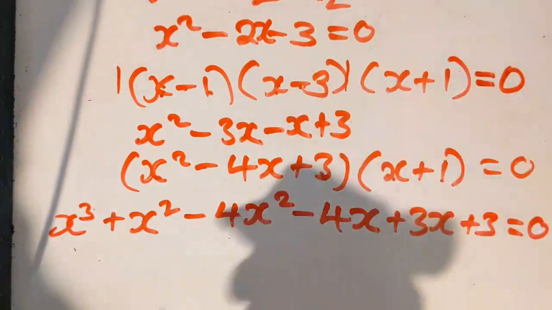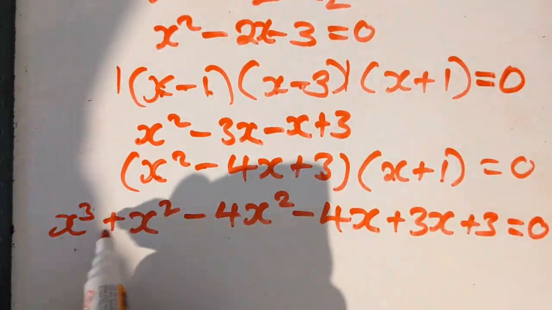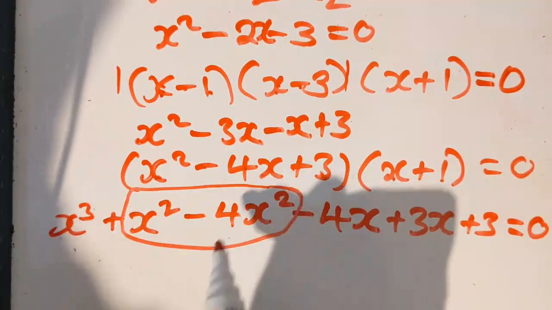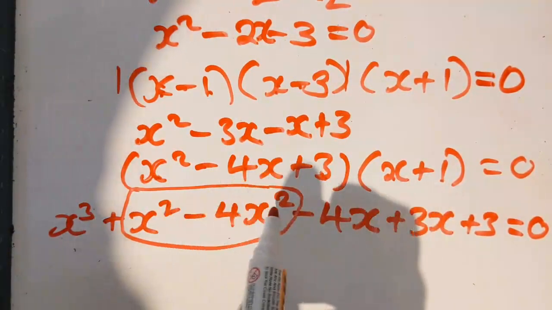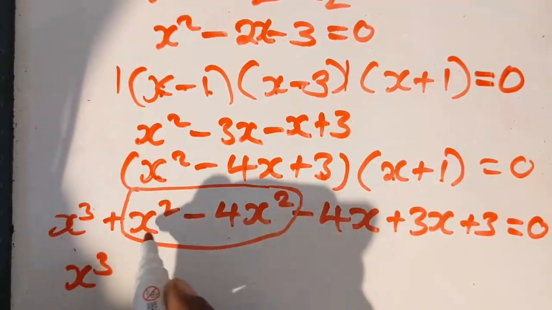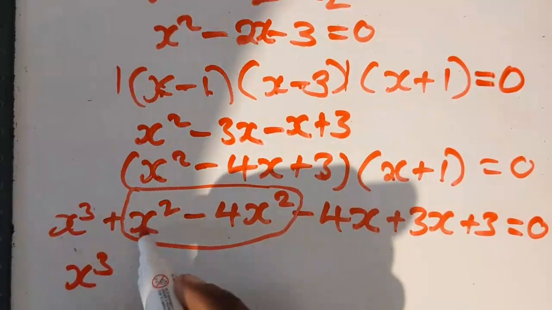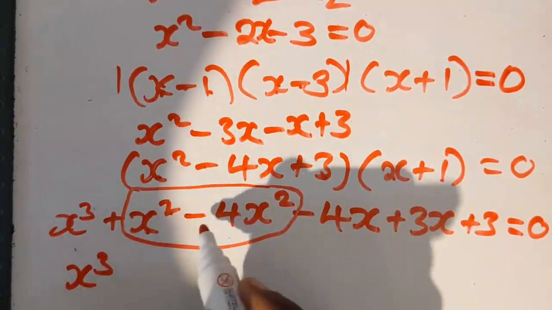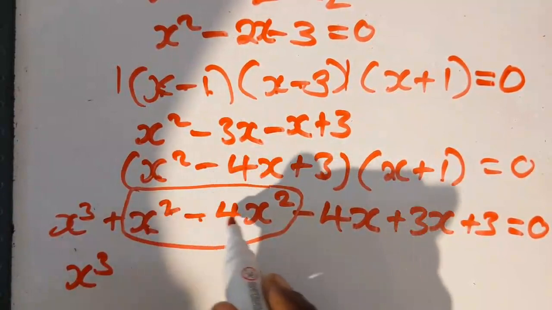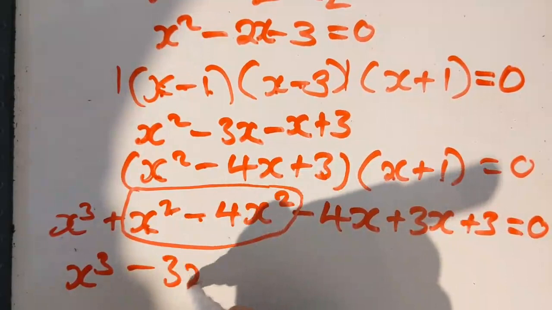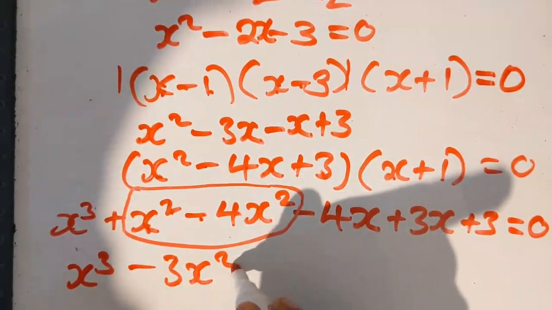Then let's collect the like terms. Here we have these as the like terms, so we can add these, because they are squared and squared. So we are going to say x power 3, then x squared minus 4x squared, so it's going to be negative 3x squared, right?